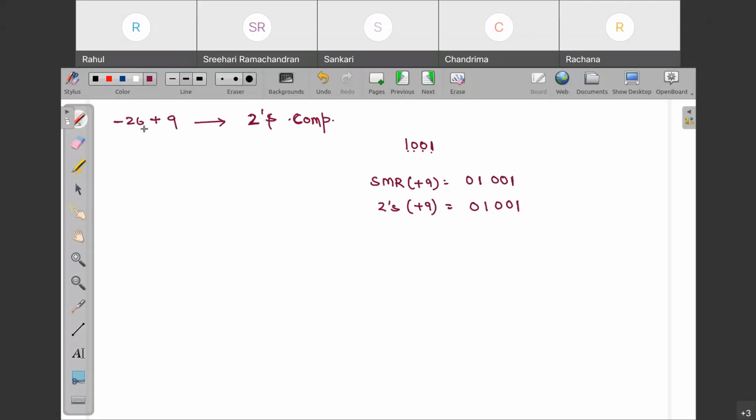Okay. Now for 26. So 26 is equal to your 16 plus 8 plus 2. So this will be 1 0 1 0 1. Is this correct? No, this is not correct.